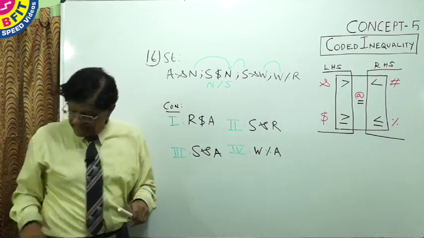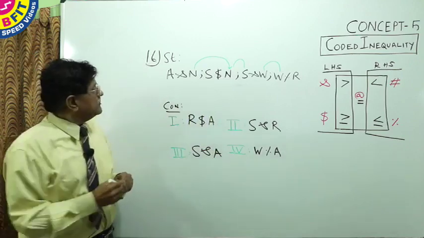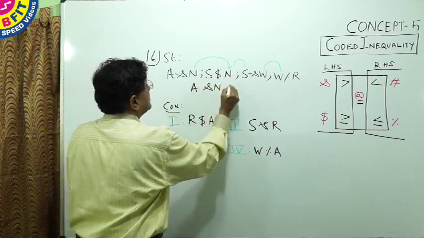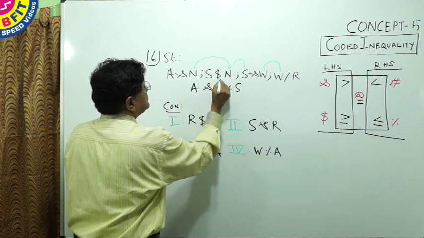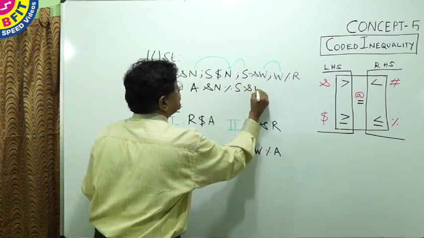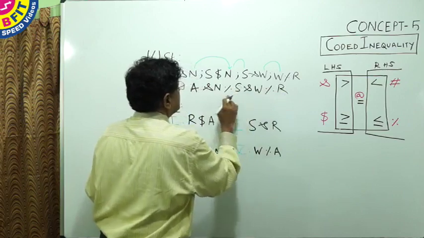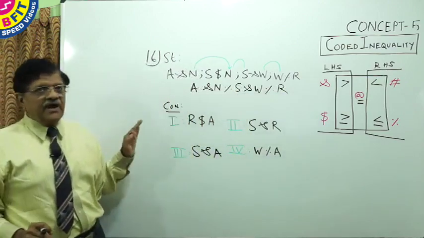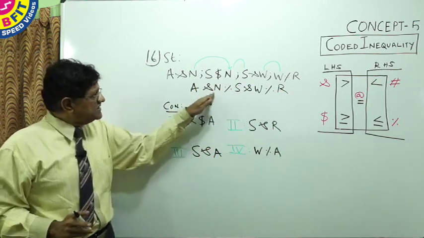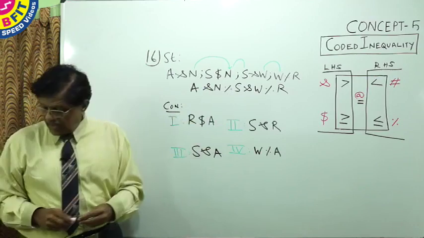The single statement is A ampersand N percentage S, S ampersand W, W percentage R. I have combined these 4 statements and made it into a single statement. Now from these statements we will verify whether these conclusions are true or not.